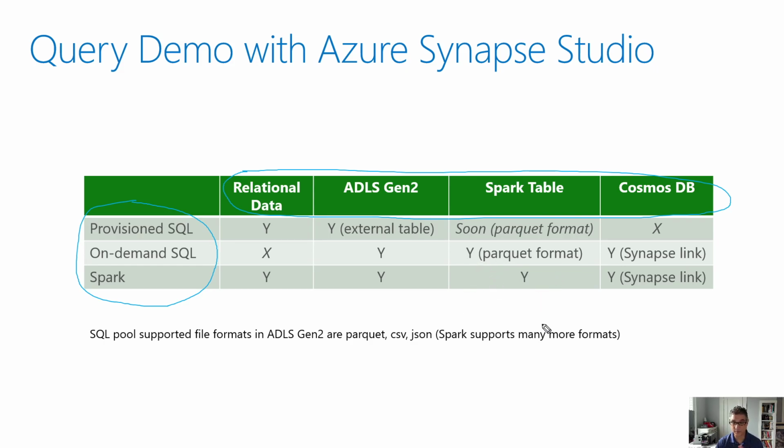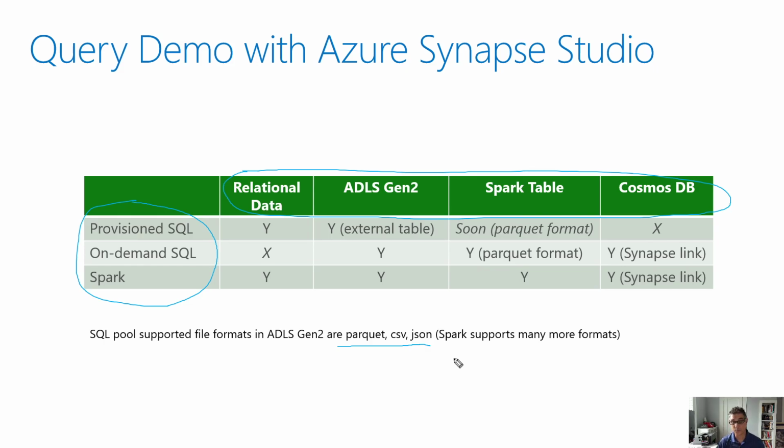And then some of them have a few things to be aware of that I'll talk through in the demo. And also note that the SQL pools, when you're querying, can query these three different file types right now: Parquet, CSV, and JSON.